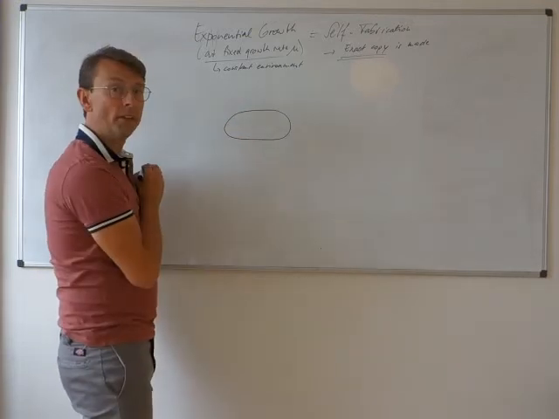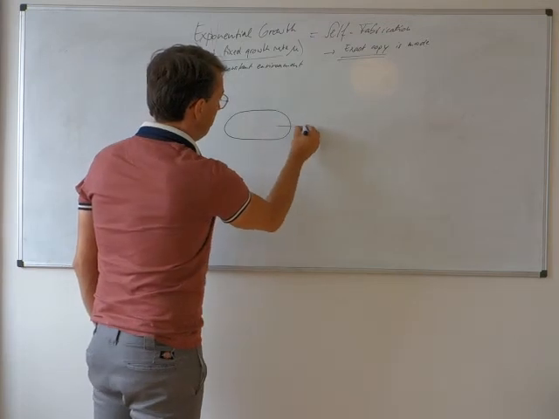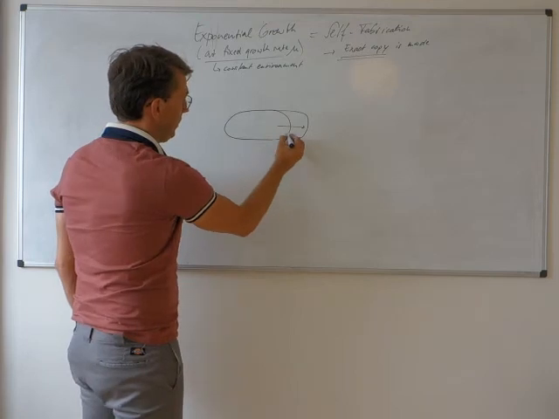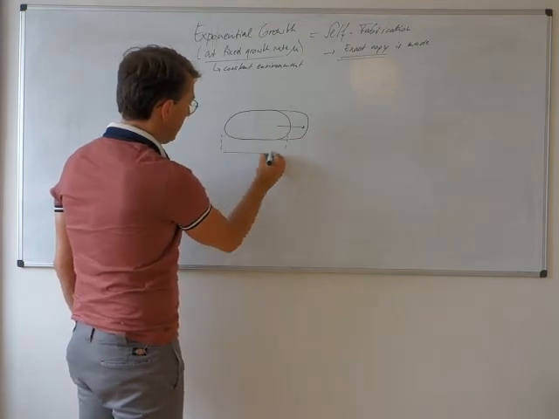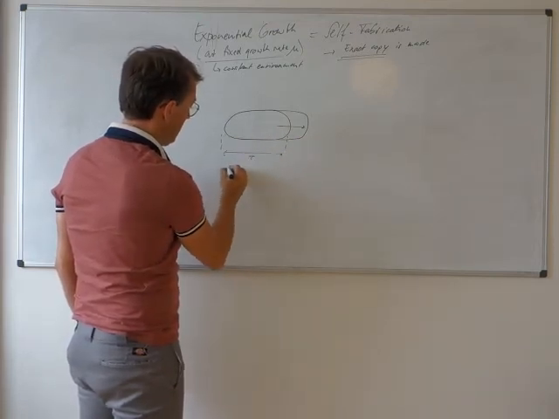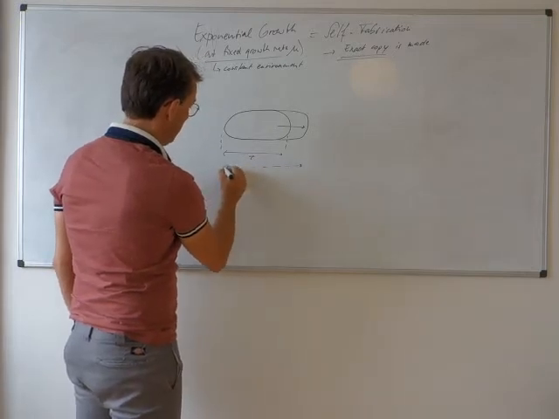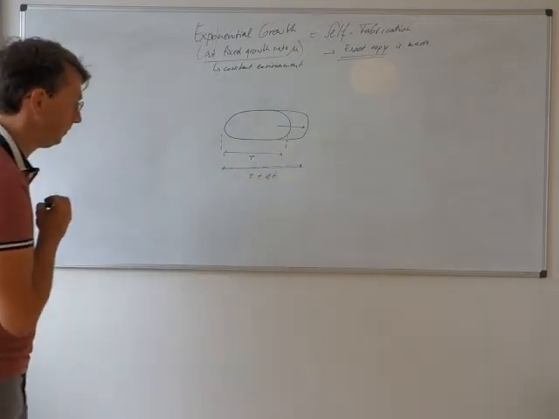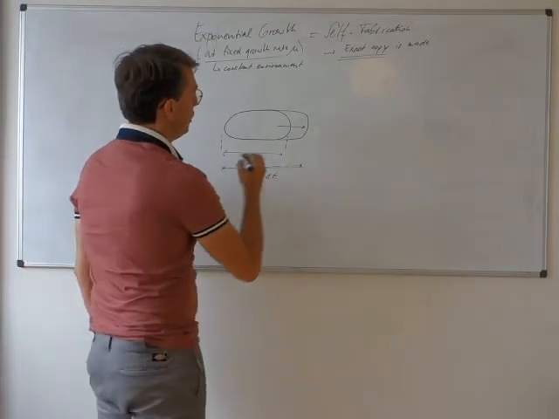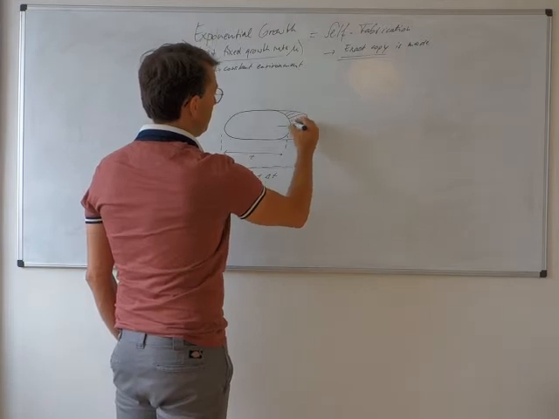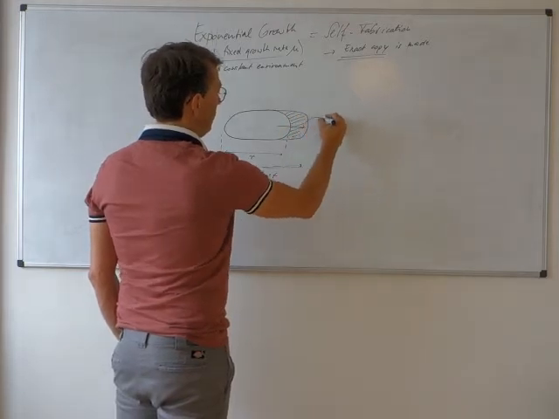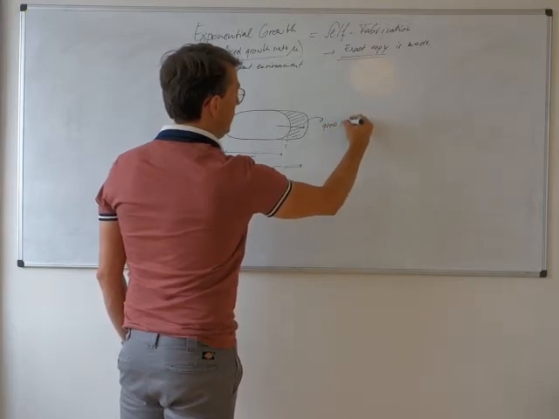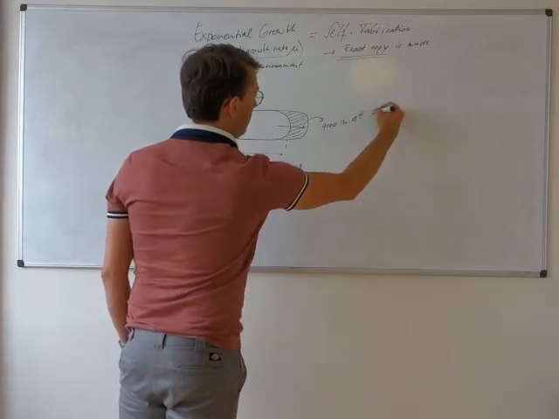So here we have a cell. Sometime later it has grown. So if this is the length of the cell at time t, and this is the length of the cell at time t plus, say, delta t, then this is the part of the cell that grew in delta t time.